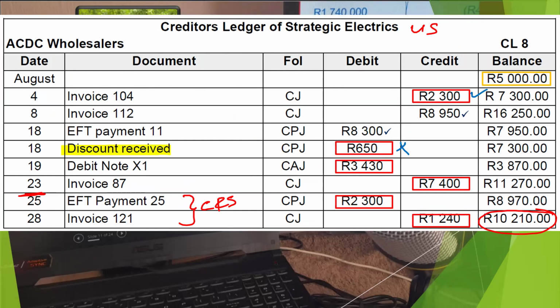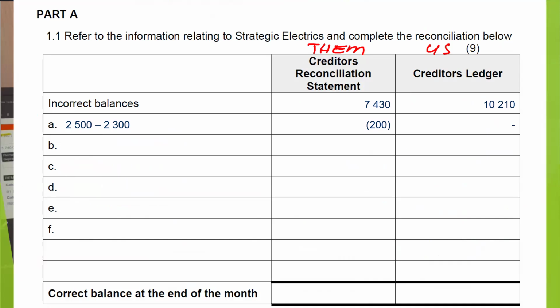Now, what we need to do here, because we are dealing with the creditors ledger, please note that the debit is a minus and the credit is a plus. So this 650 was subtracted. The mistake is on our side. So because the mistake is on our side, we have to correct it.